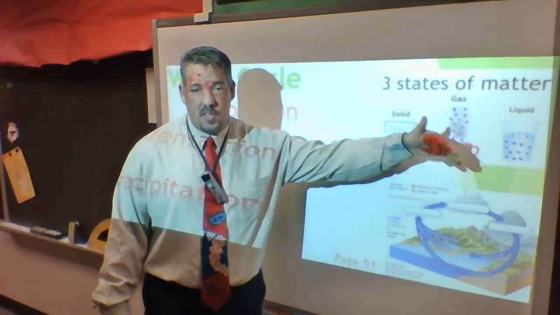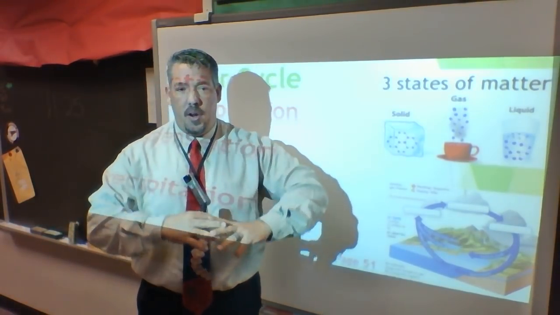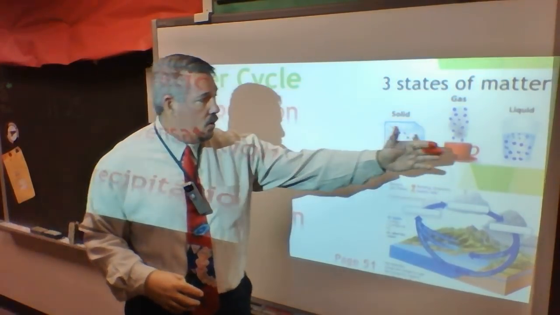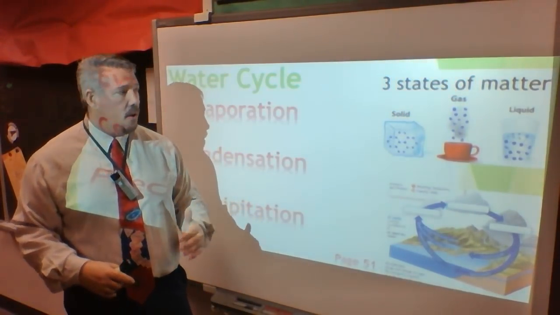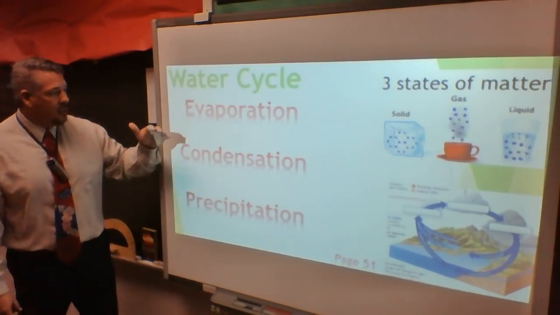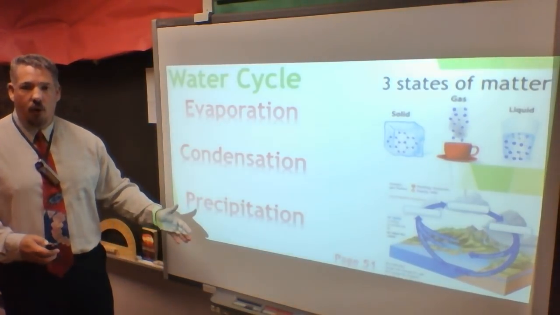And then the liquid is in the middle. They're touching, they're connected, but they flow freely. They can break apart and come back together, but they are closer than the gas. Okay? So when we talk about the solid, liquid, and gas, then when we look at the steps of the water cycle, I can see those different states of matter throughout it.